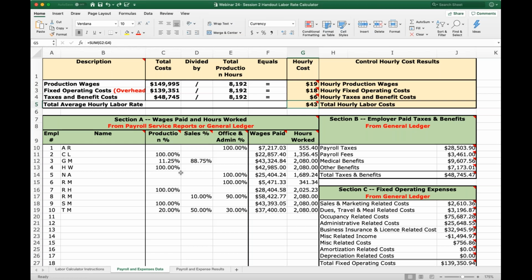Really small shops may have medical benefits for the owner only, which I've seen many times. But in the larger shops where they do provide that, the benefits might include medical as well as an IRA contribution and things of that nature. So it's very, very personal by company.